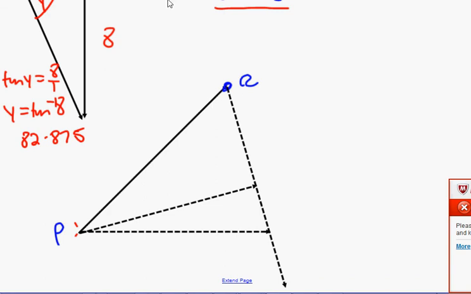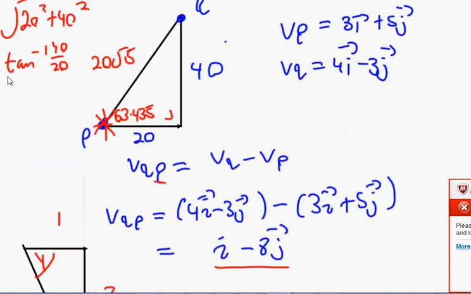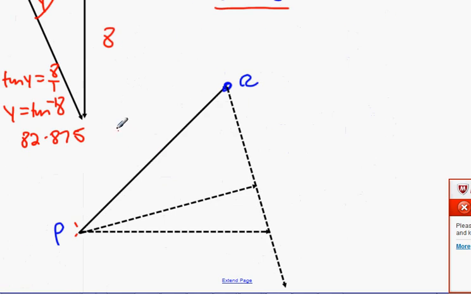What is going to apply is the distance, which is 20 root 5. Actually, our 63.435 that we were talking about a second ago is about to come in handy. And why is it going to come in handy? Because it's an alternate angle.